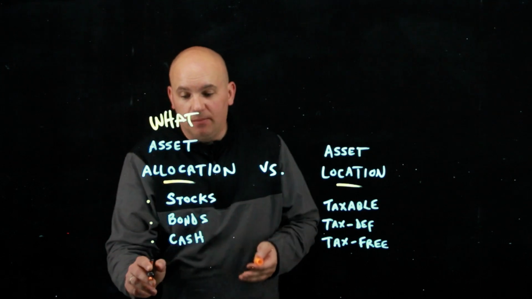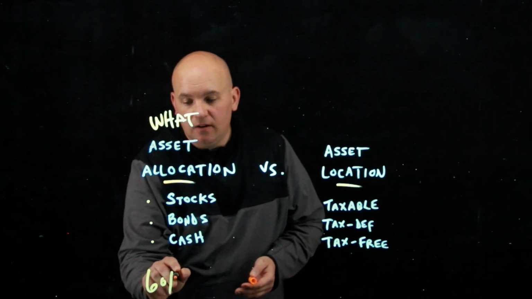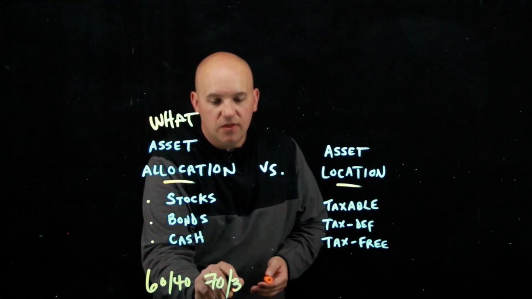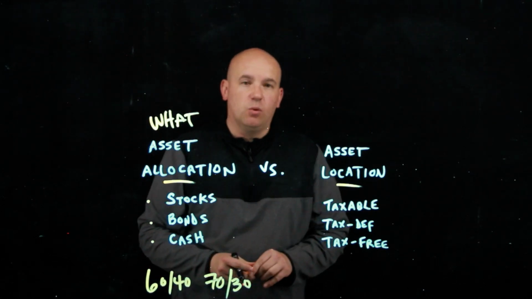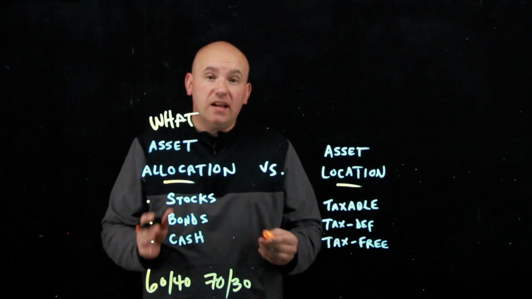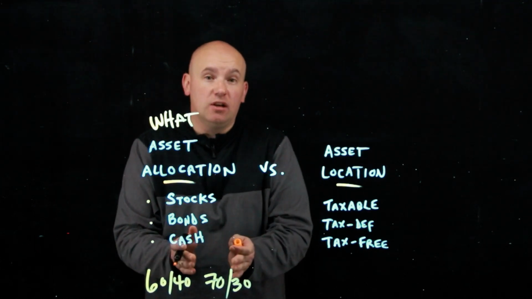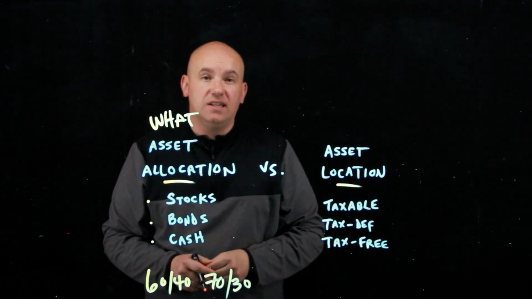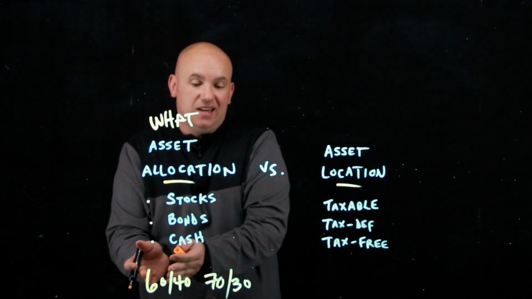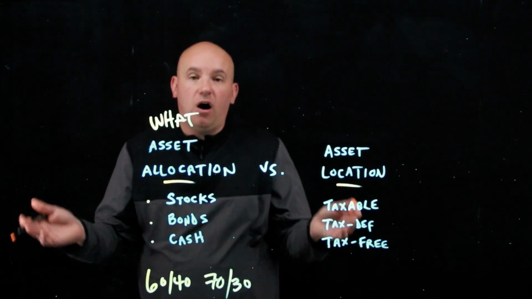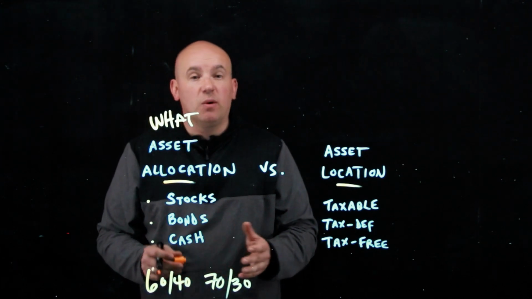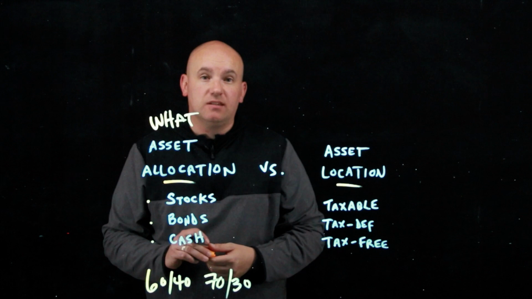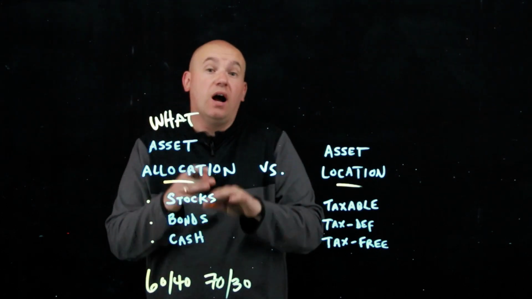You might have heard something like 60/40, or 70/30, 80/20, 90/10. That's all just an allocation mix of stocks, bonds, cash, mutual funds, ETFs. It's saying 60/40 of all of that or 70/30. So it's the allocation, it's the mix of the underlying investments in your account or accounts.